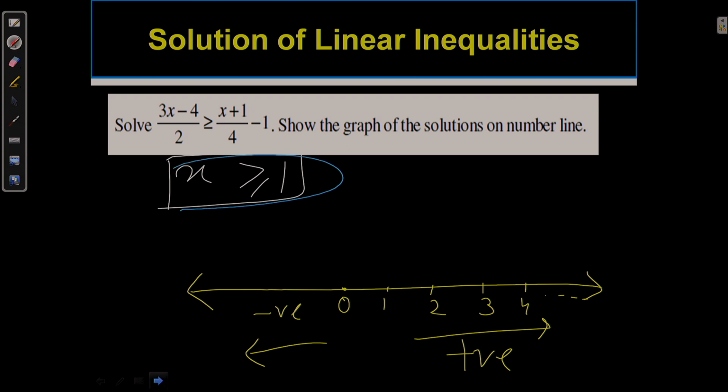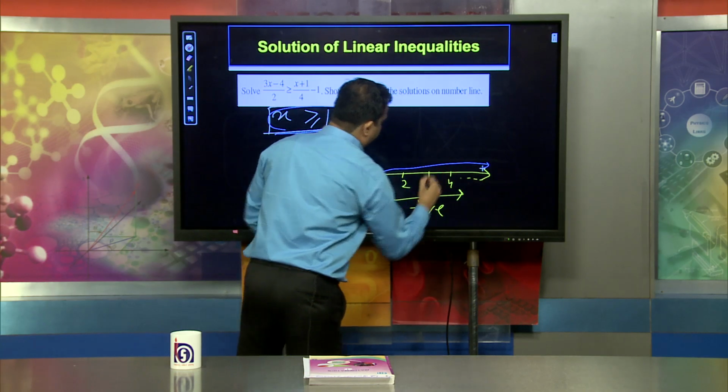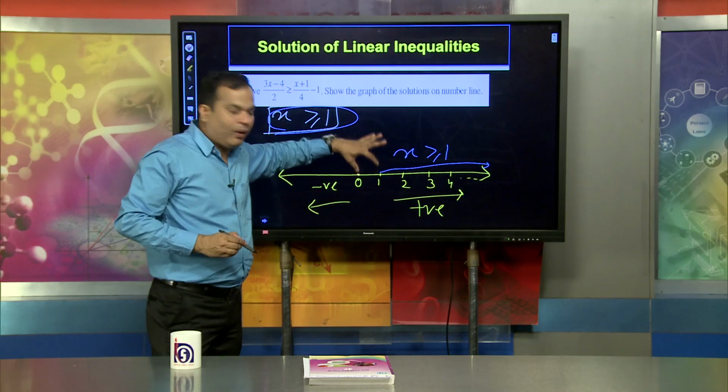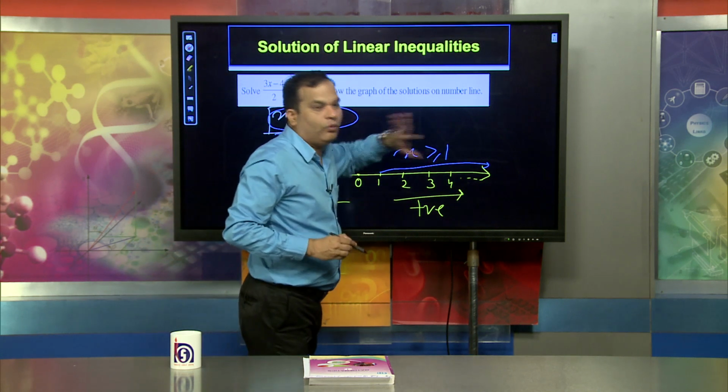If we show it on the number line, this will be the graph of the solution of the linear inequality, because x is 1 or more. We have not touched the negative numbers or the numbers between 0 and 1; we only touch x of 1 and more.